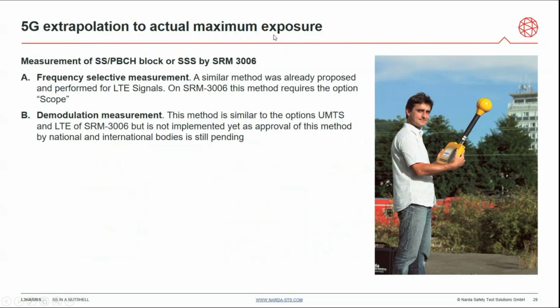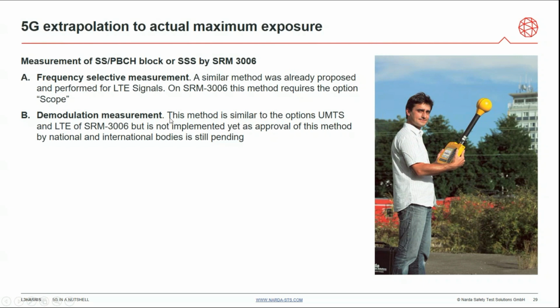So, extrapolation to actual maximum exposure, frequency selective measurement, we discussed that. This method requires the so-called scope option. That's the time domain analysis with IQ streaming with 20 megahertz real time, which is typically sufficient to find the signal we refer to in LTE, in UMTS, and in 5G. The second proposed method is demodulation measurement.